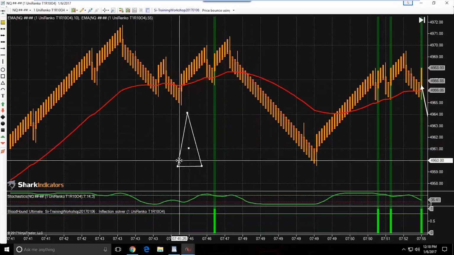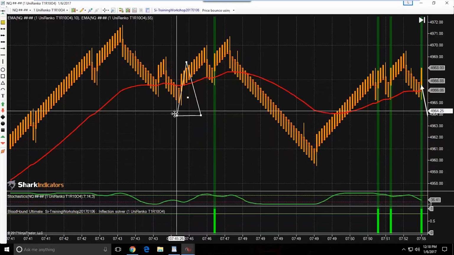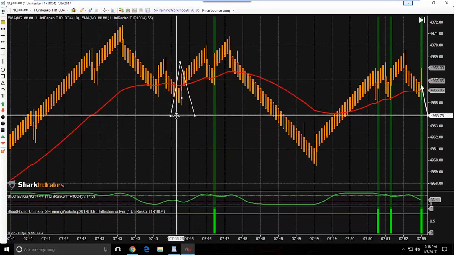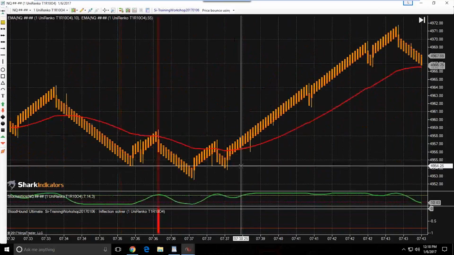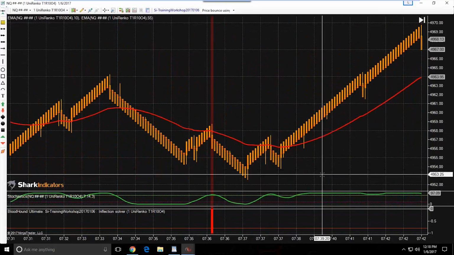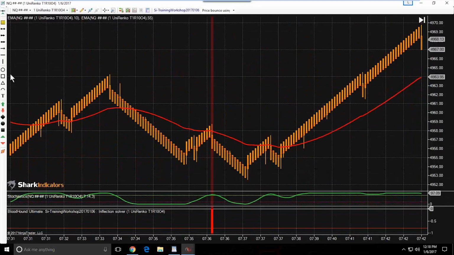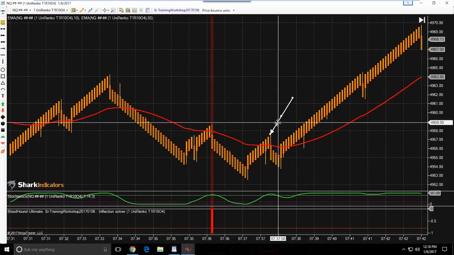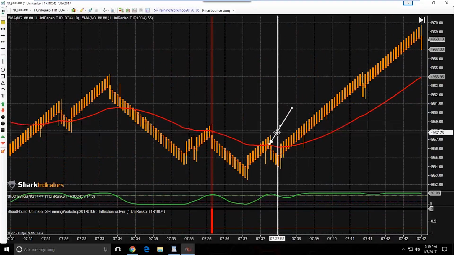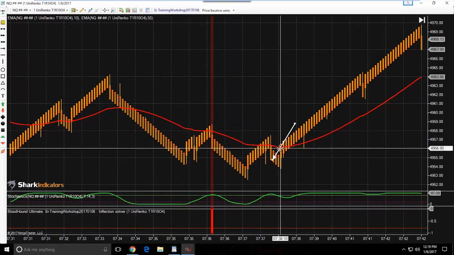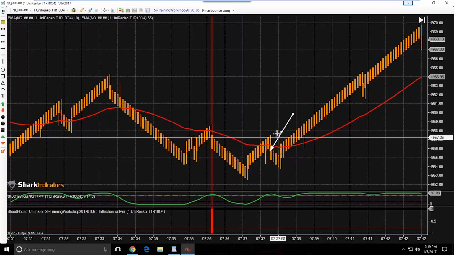Yeah, the good thing is we didn't get any short signals here. So that's good. And let's see what else. Yeah, it looks like price crossed the EMA a little too far to get a reversal trade there.